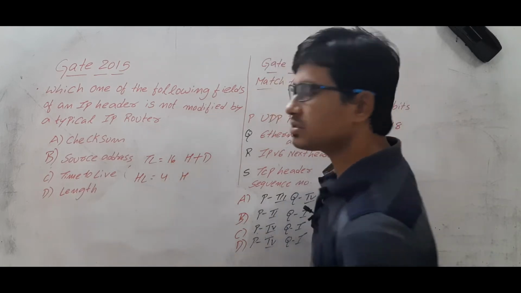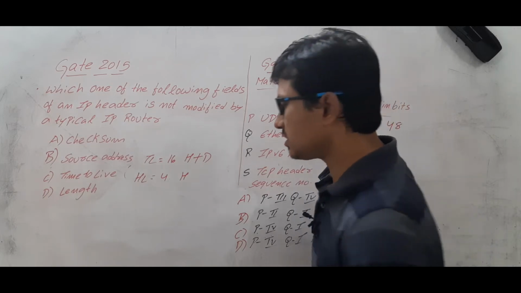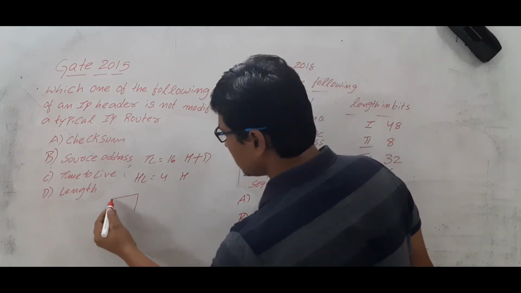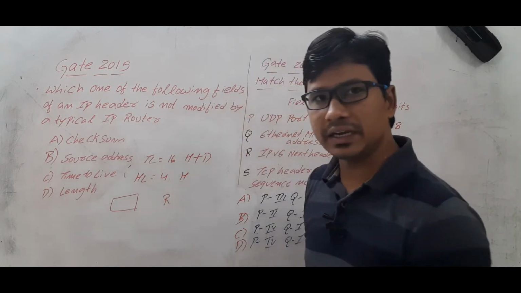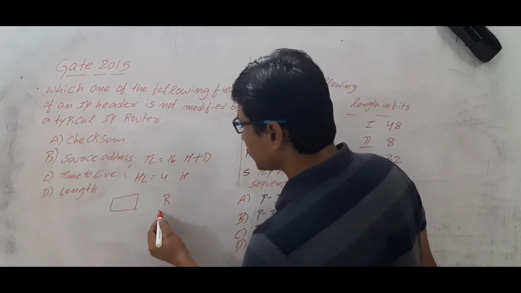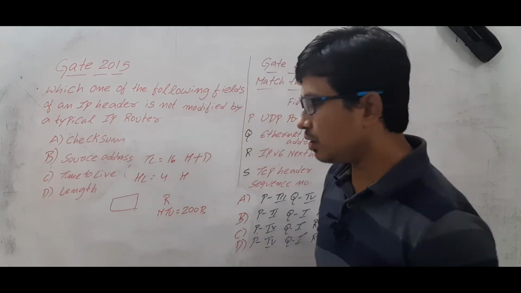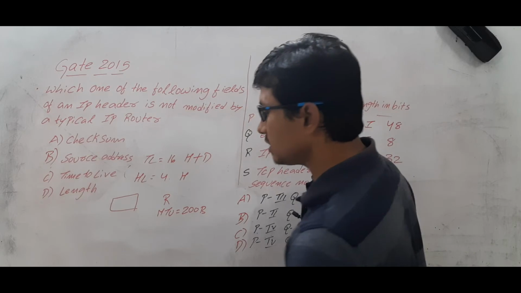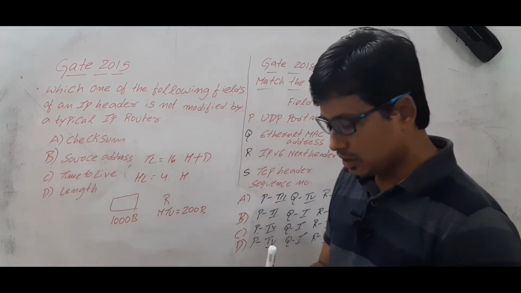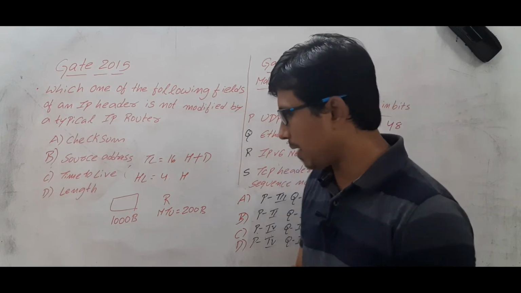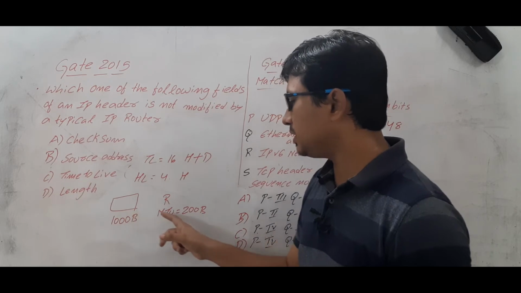Now if you see, we were doing the fragmentation. When we do fragmentation, suppose the source has a large packet and the router's outgoing link has a maximum MTU of some 200 bytes. Let's take that the source is sending 1000 bytes. This single datagram of 1000 bytes has traversed to the router.